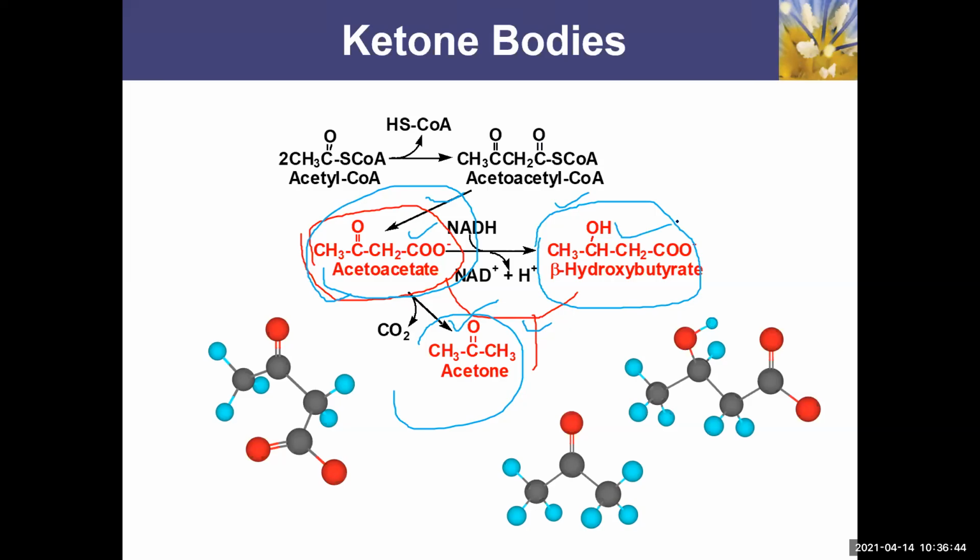Your body has to go on, your brain has to work. So these ketone bodies will be released into the blood and sent to your skeletal muscles or to your brain, so that the body can derive energy from these three ketone bodies.